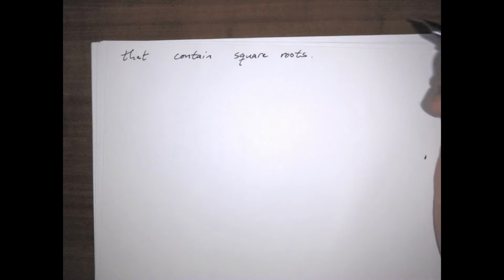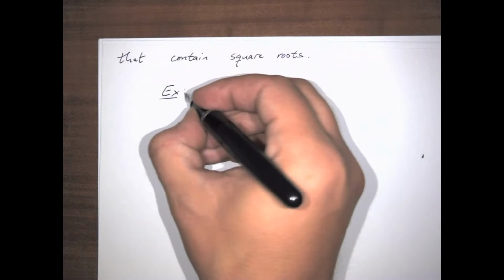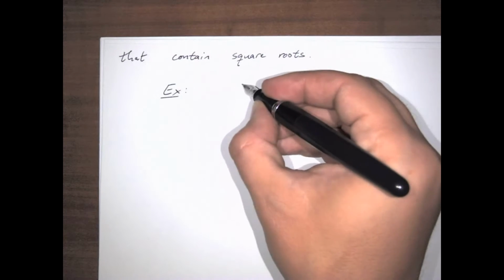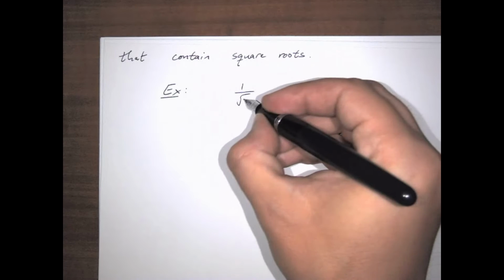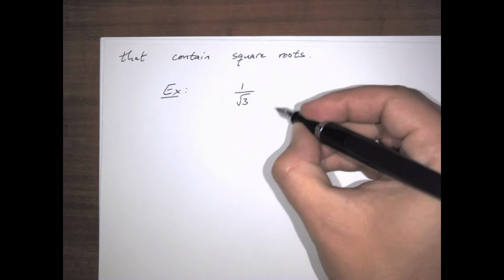Okay. So square roots, we will not want to have square roots of non-square numbers in the denominators of our overall answers. The way that works is, so for example, let's just say 1 over square root of 3. So this is currently an irrational denominator.